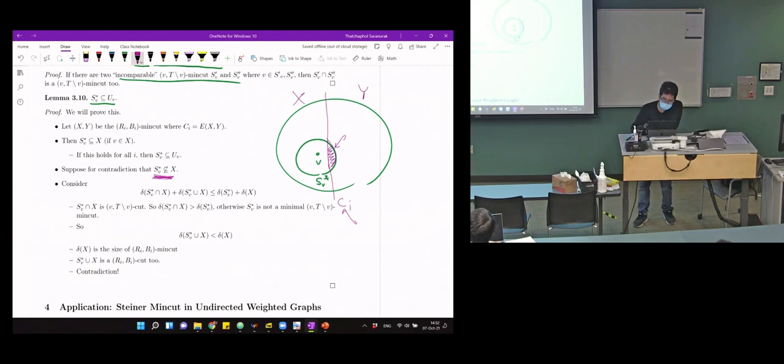And now we just write this submodularity inequality of a cut. So X is just this part, and you have S star V in this. Okay, now look at the intersection.